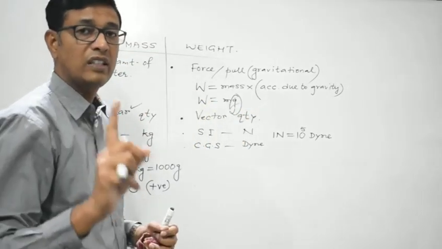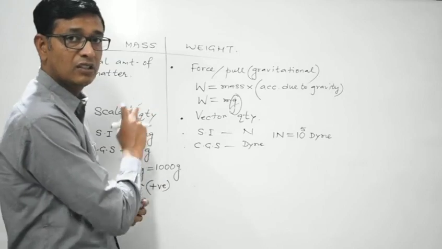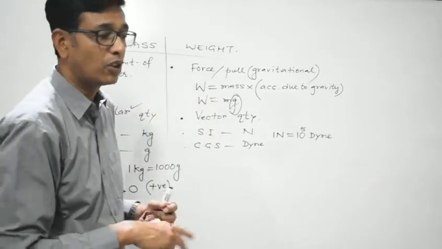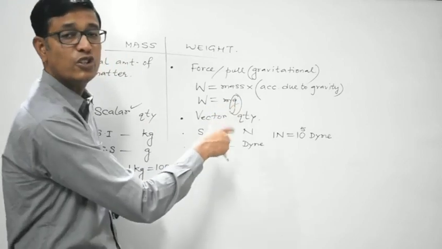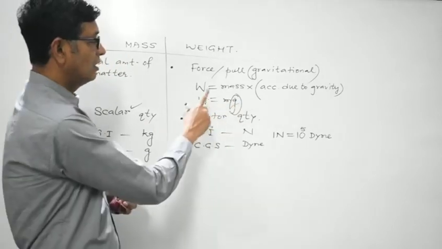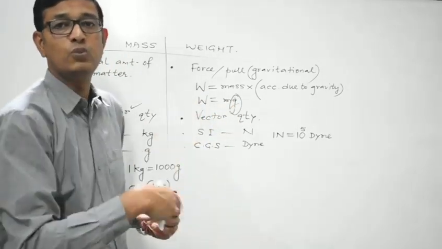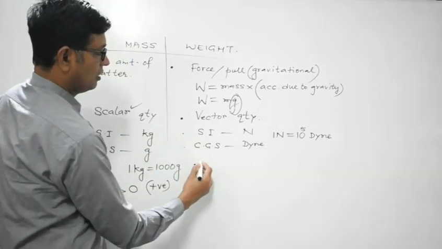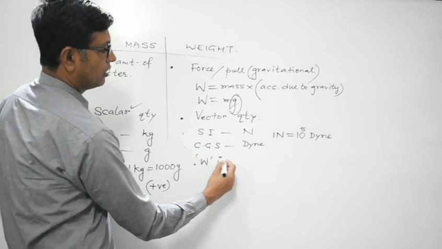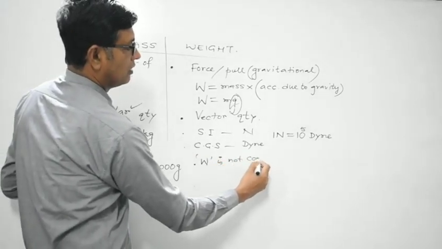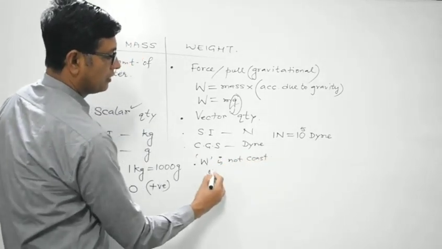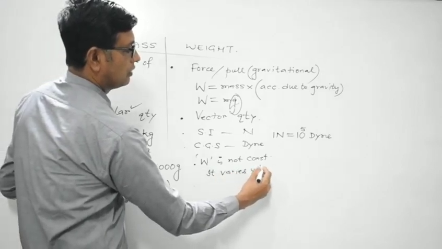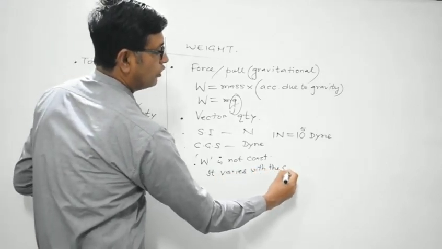So while mass of a body is constant, weight of a body is not constant. It varies with the change in the value of g, and thus changes from place to place.